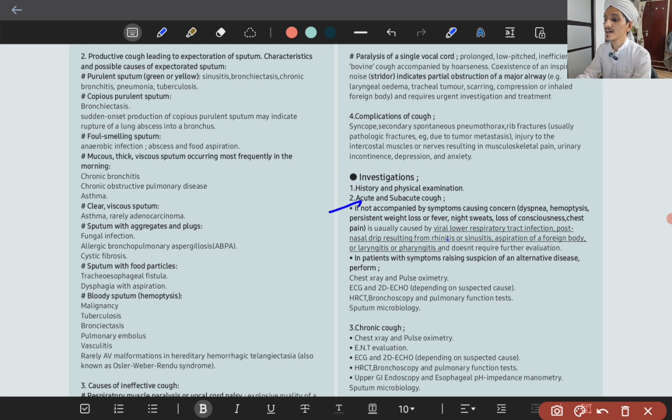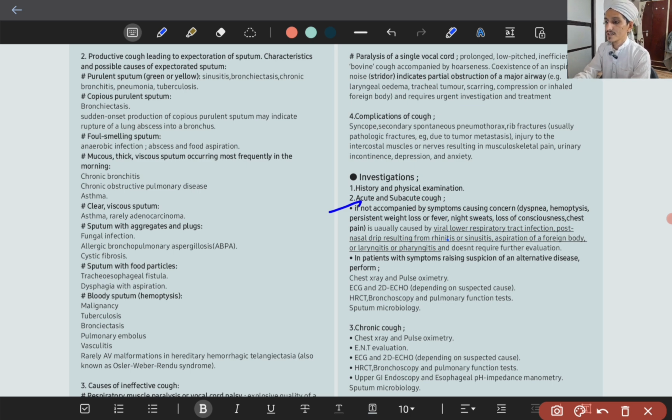Okay, and if the cough is associated with breathlessness, hemoptysis, weight loss, fever, night sweats, then you have to evaluate the patient further.